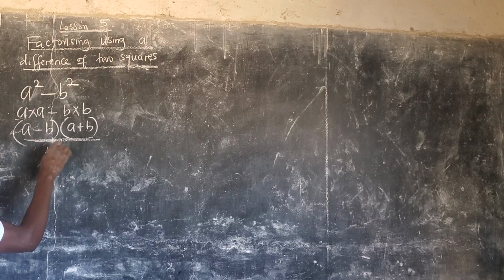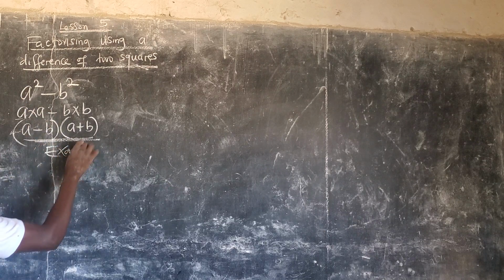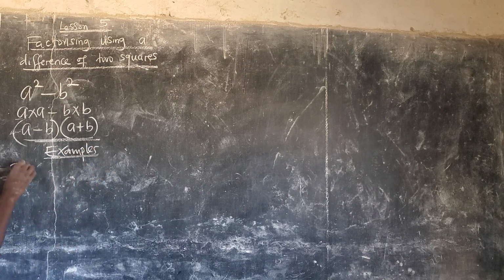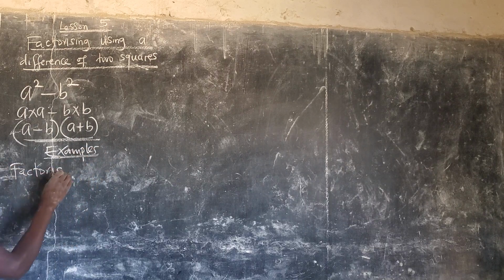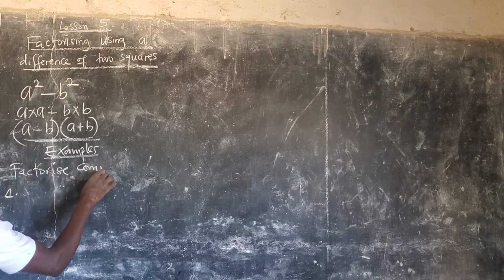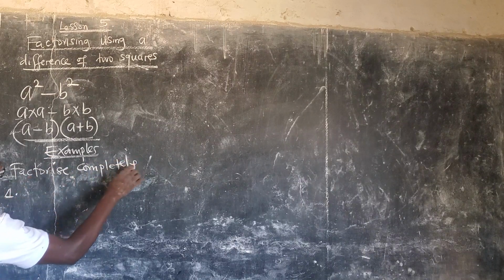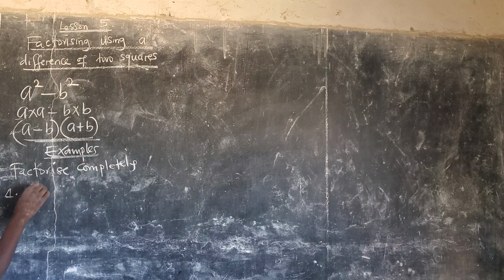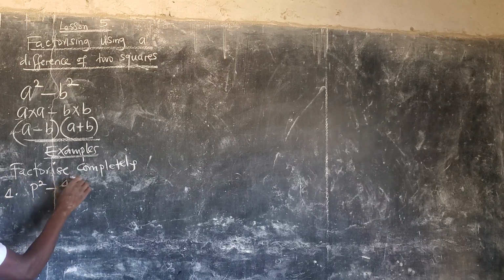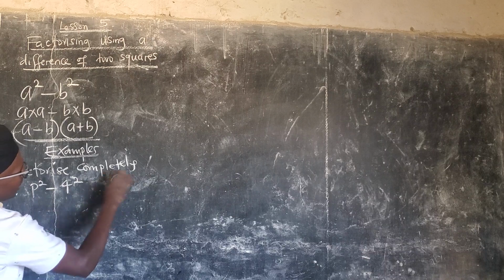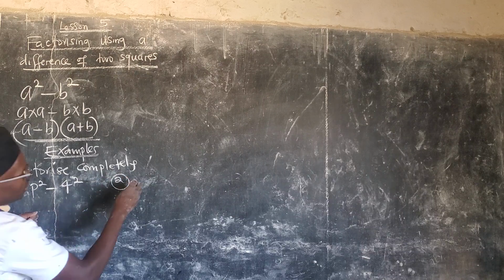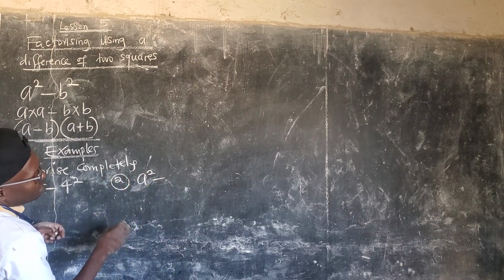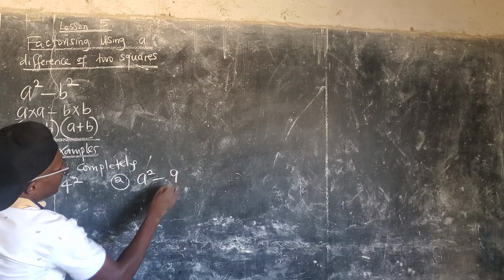So examples, let's try to factorize the following. Factorize completely. The first one is p squared minus 4 squared. Let's have another one, which is a squared minus 9.